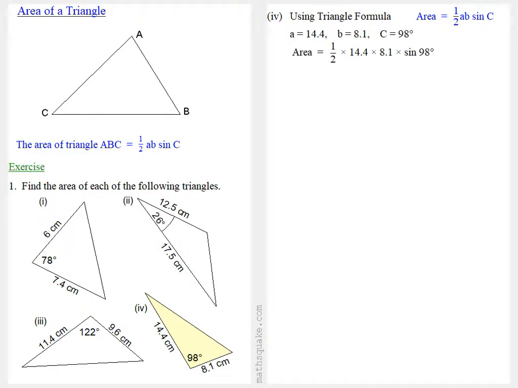So the area is a half times 14.4 times 8.1 times the sine of 98 degrees, which if we type it into a calculator comes out as 57.75243. Now if we round that off, we get the area is 57.8 square centimetres.